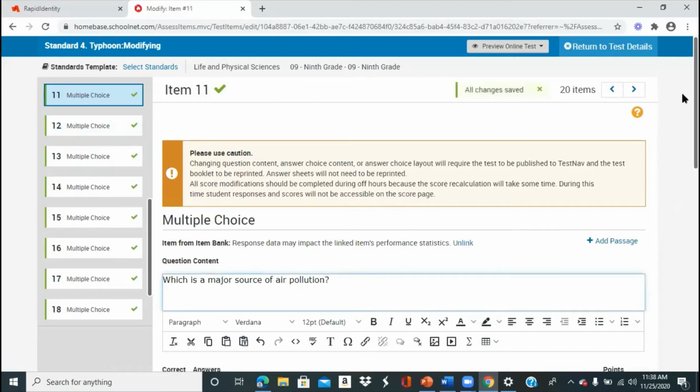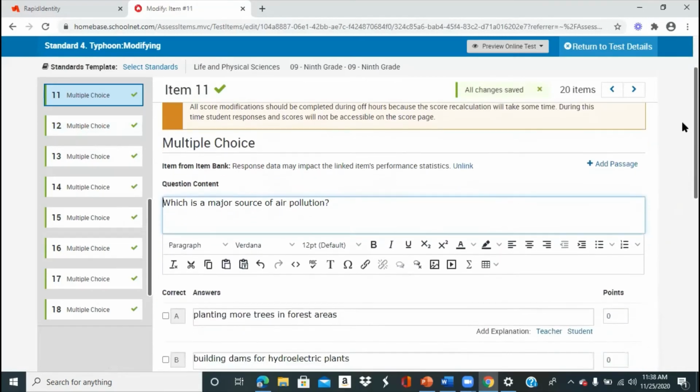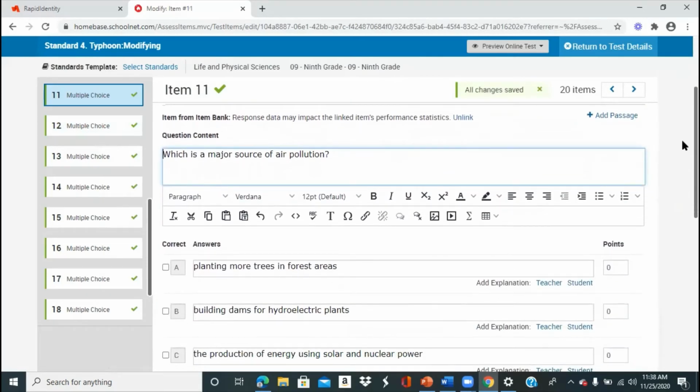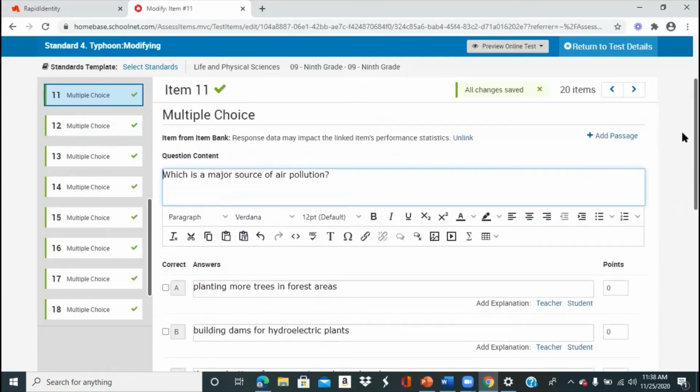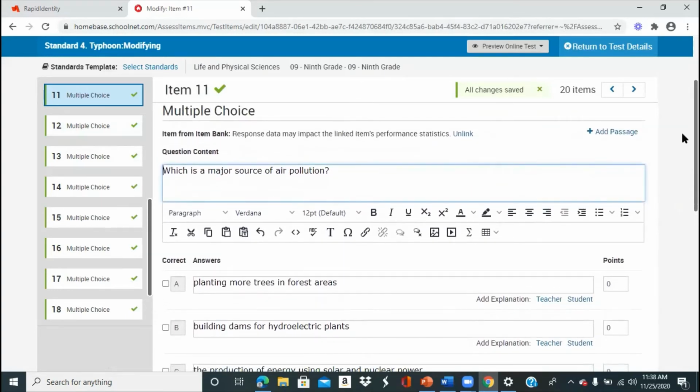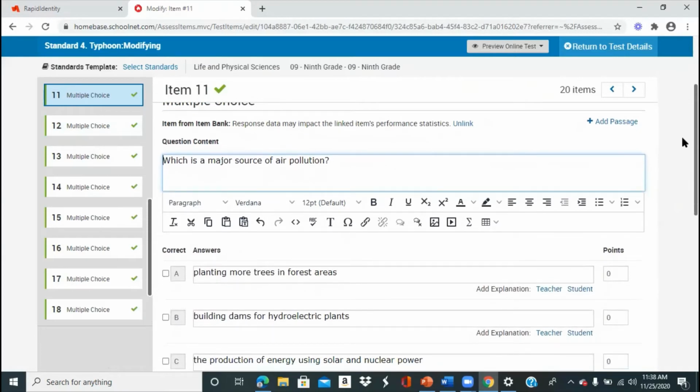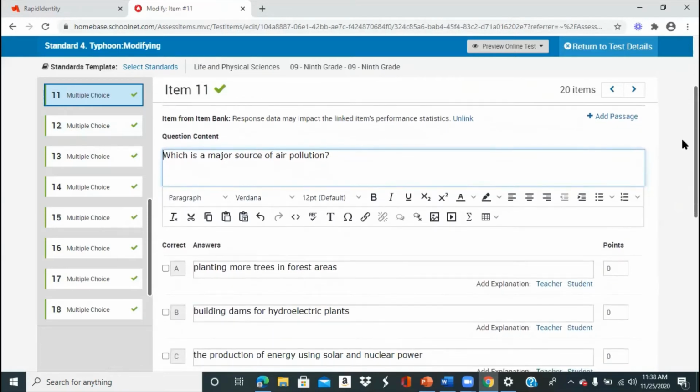So moving forward, we go to the next question, which is a major source of air pollution. When you say air pollution, these are the pollutants that actually affect cloud formation and eventually negatively affect the air quality. So all of these are distractors because planting more trees is not a contributor of air pollution.